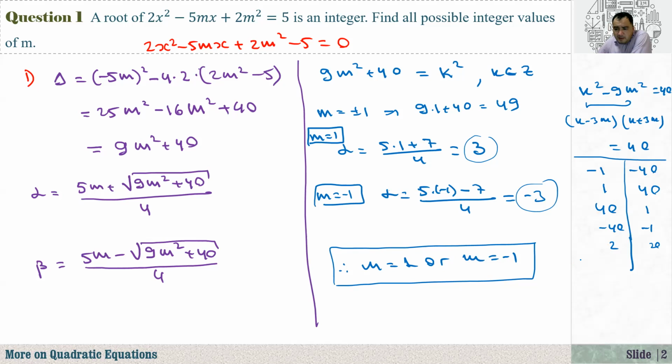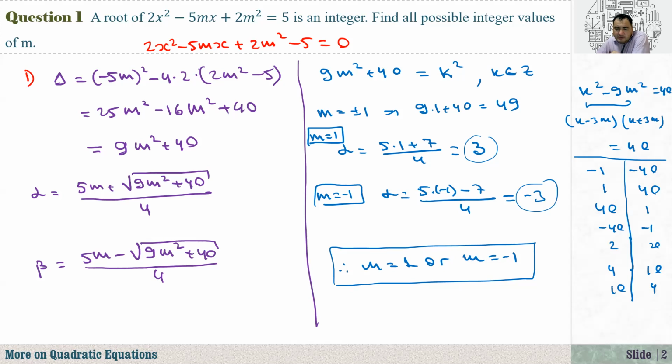The only case where it is divisible by 6 is with factor pairs like 2 times 20, 5 times 8, or 4 times 10. It only works with 4 and 10, or 10 and 4, or -4 and -10, because when we subtract them, 10 minus 4 is 6.